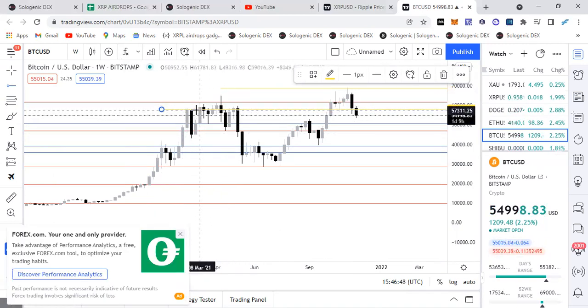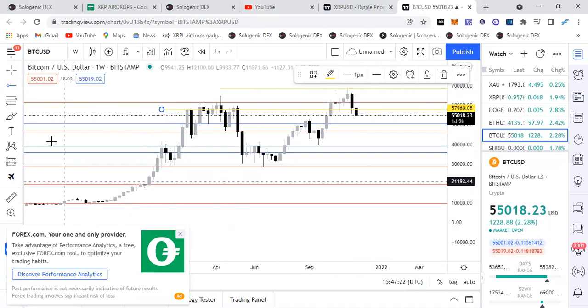And as you see over here, price was trying so hard to hold above this line. It really couldn't. It only closed above this line one time, twice. So you can tell this number, 57,000, is a resistance level and a critical support level for Bitcoin. And as you can see right now, we are falling below that.